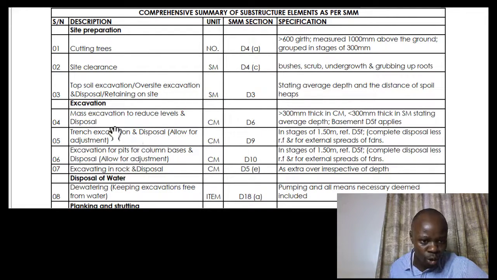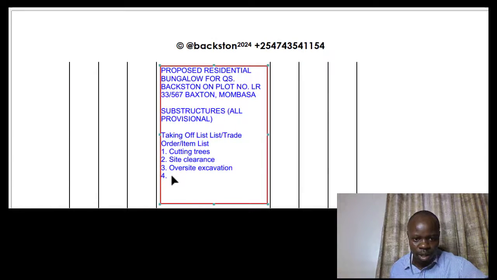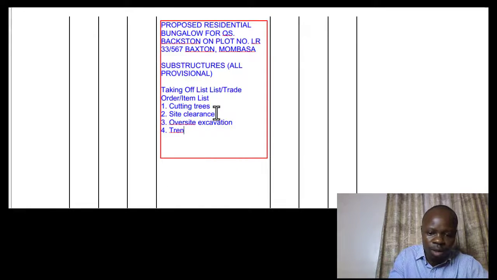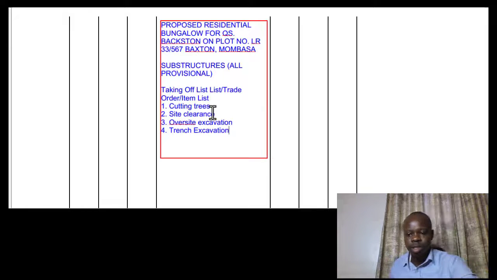Then the next, we go to the trench excavation. Trench excavation, that is at number 4.